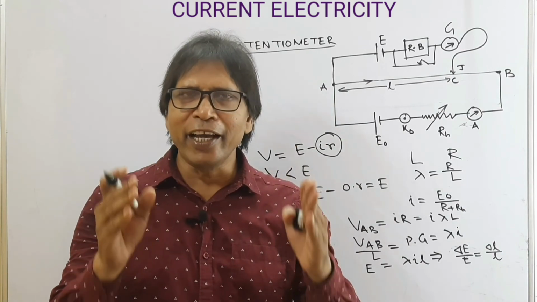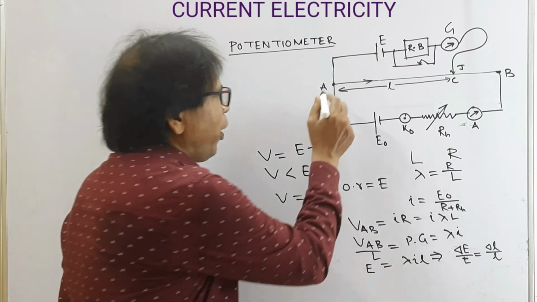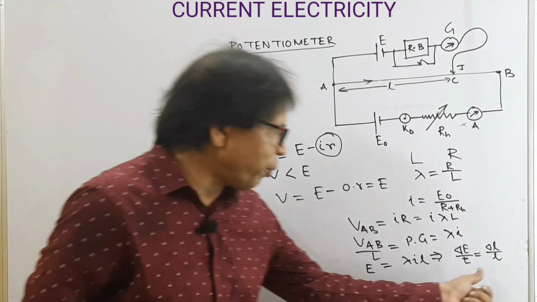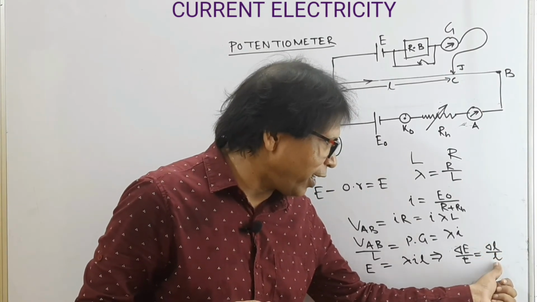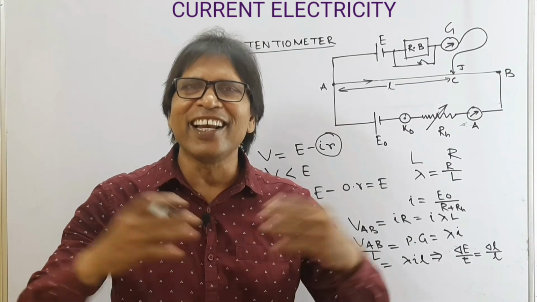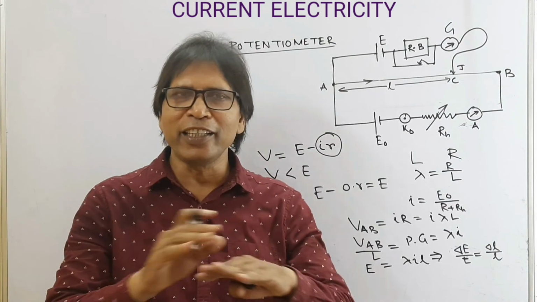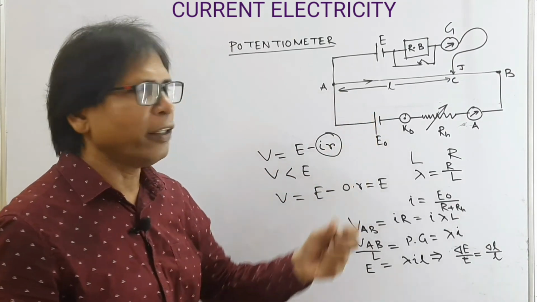If we measure an EMF in the order of microvolt, the null point is very close to the point A. If the null point is very close to the point A, then delta L by L is large, so the relative error is large. So a very small potential difference is not measured with the help of a potentiometer.